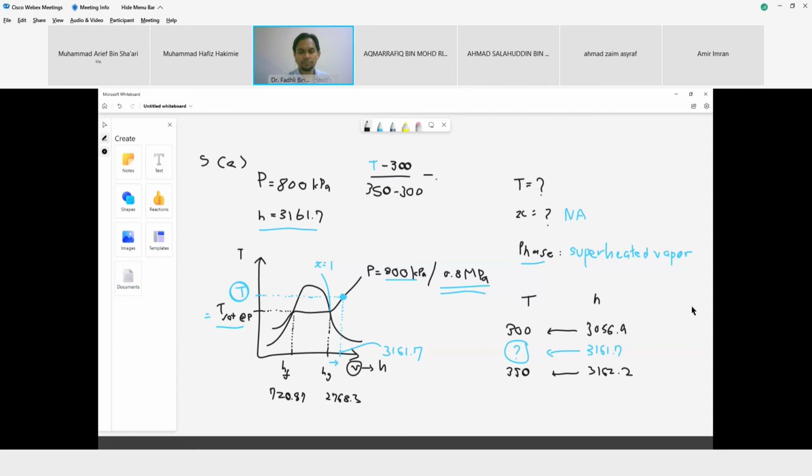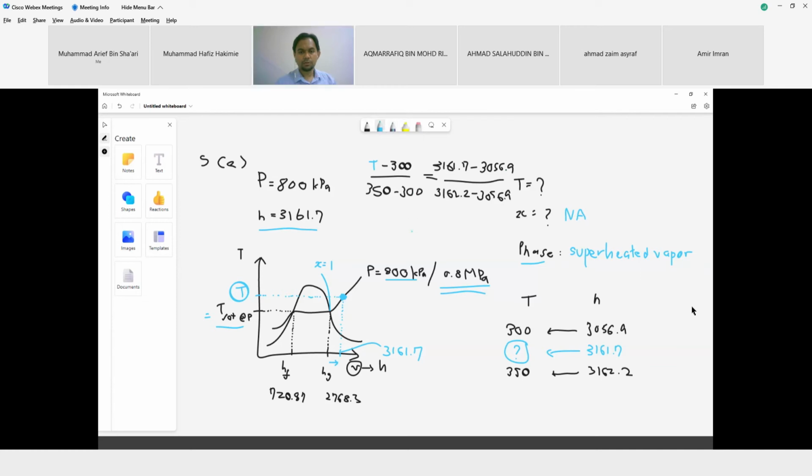This one sama dengan 3161.7 tolak 3056.9 dan bahagi dengan 3162.2 tolak 3056.9.